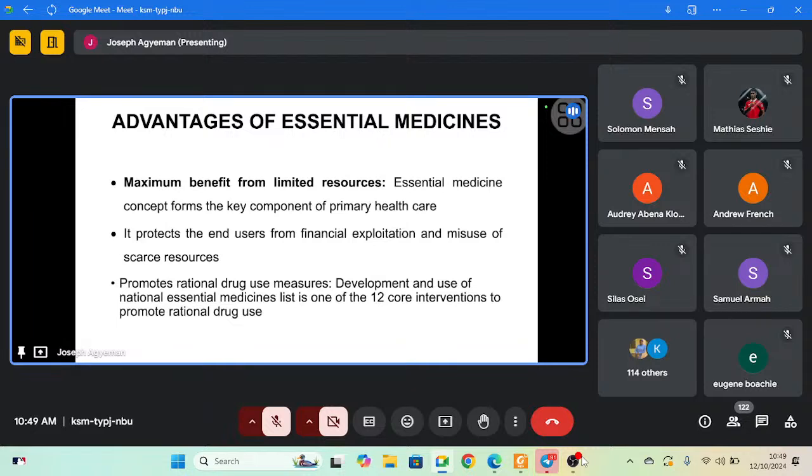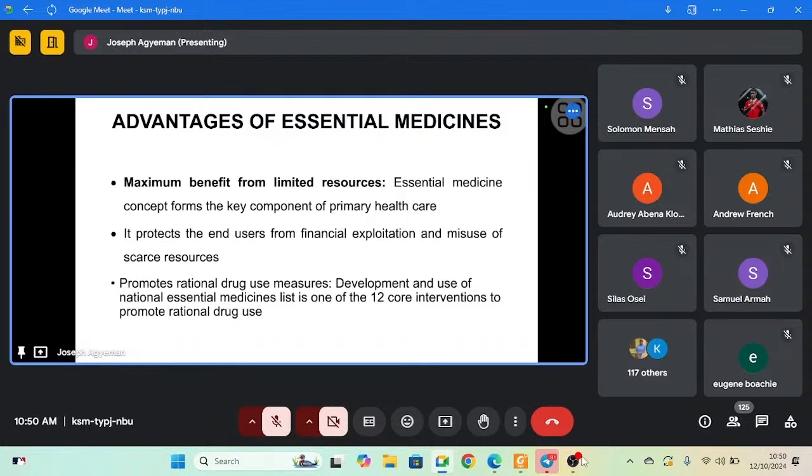Cash. With this list, you know that any drug that you buy, we need that drug because it meets our basic healthcare needs. And of course, it is likely that the conditions that people present with, they will need that drug. You have cost effectiveness, you have efficacy, you have safety. You just pick from the list, and with your limited resources, you know that, okay, I don't have any money, but if I buy from this list, it will be enough.